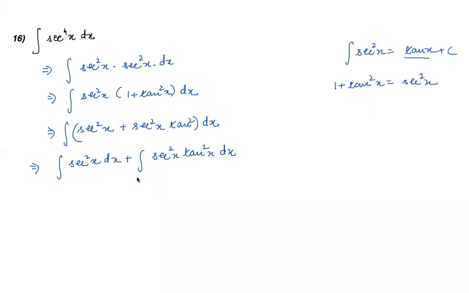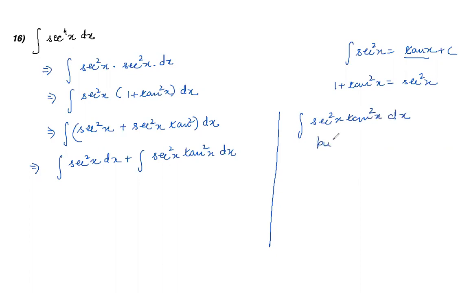We do have the direct formula for integration of sec square x dx, but we do not have the direct formula for sec square x and tan square x dx. Okay, so what I am going to do is I'm going to use the substitution method here. I have this sec square x tan square x into dx.